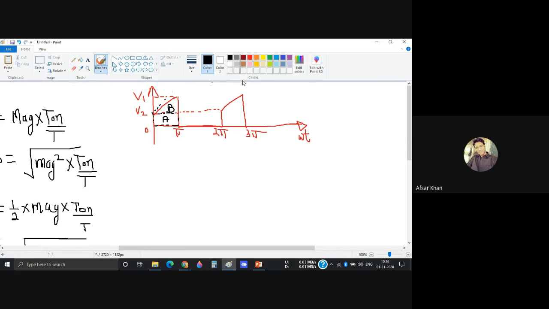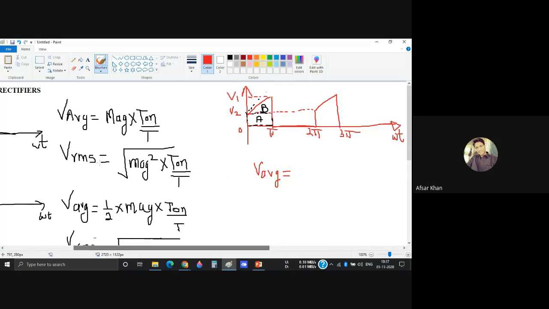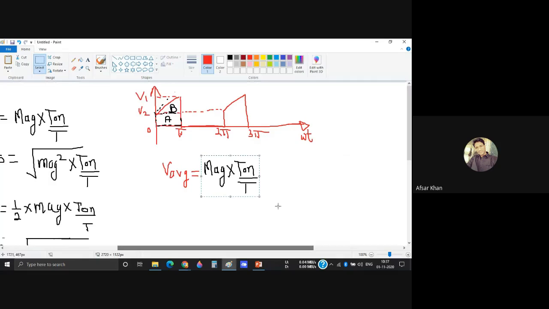We have seen previously B average is A plus B, or we can say A is the average value plus B is the average value. So A's average value is the square's; this one. Just take this and plus.